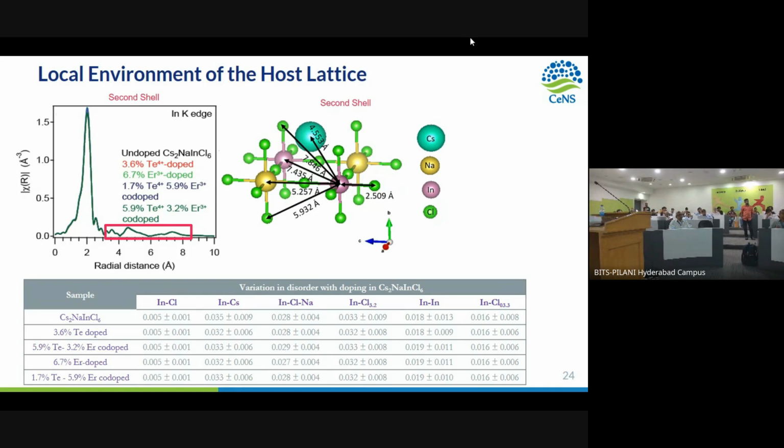We are using some sort of window and getting rid of as much of the ringing effect as possible. It's a mathematical problem basically, so we have to be aware of what we should call a peak and what not. This one is very sharp, so there is hardly any possibility. The sigma square value would have to be very, very small, which is unreasonable, and this bond length is not feasible. That's how we interpret this data.